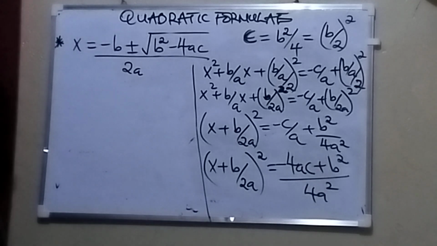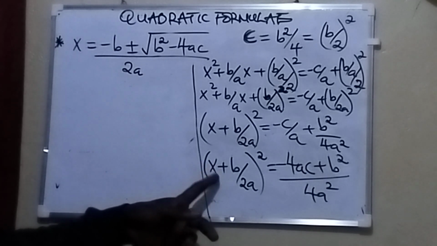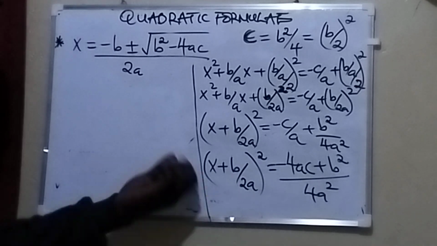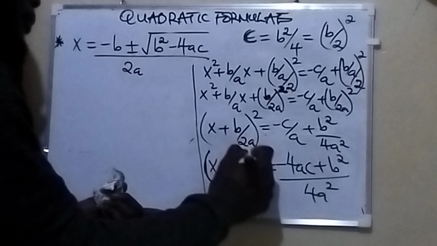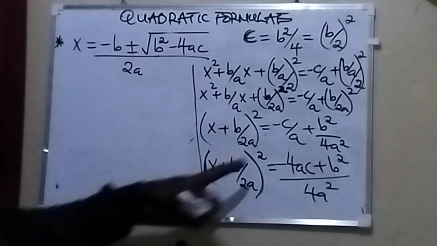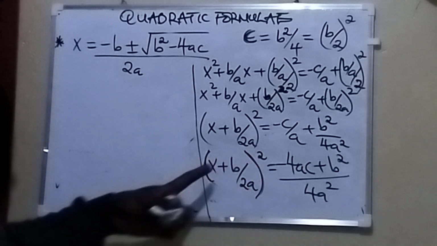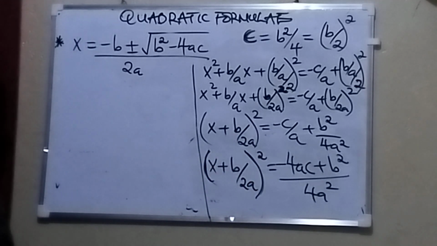Up to this point, we want the value of x. We are interested in making x the subject, and this side we have x plus b over 2a in brackets squared. If you want to remove this square, you find the square root on both sides.